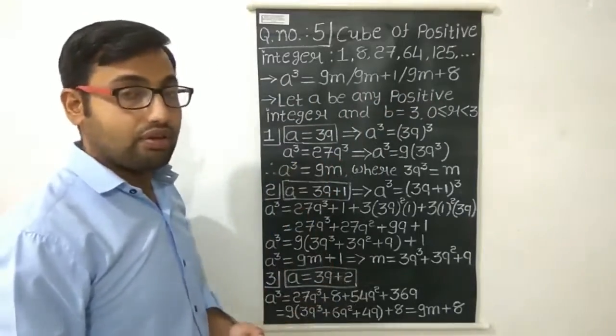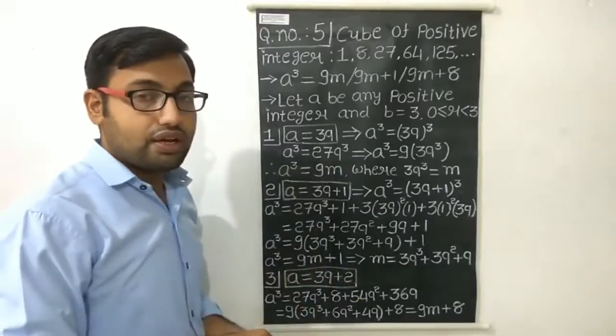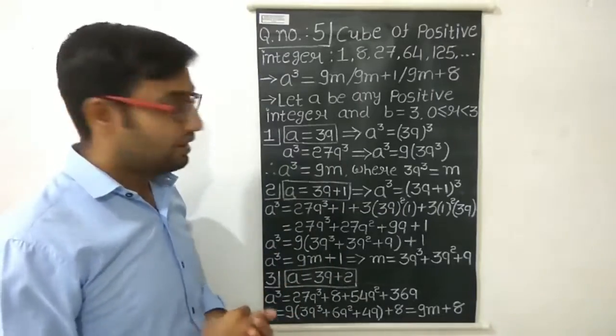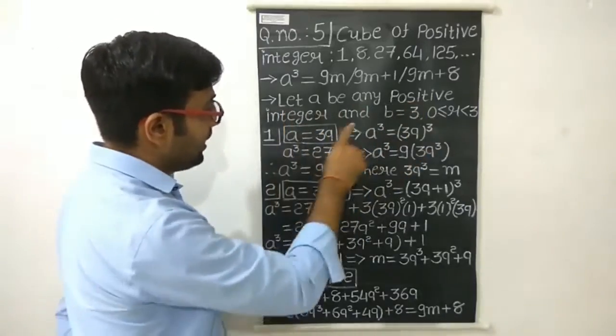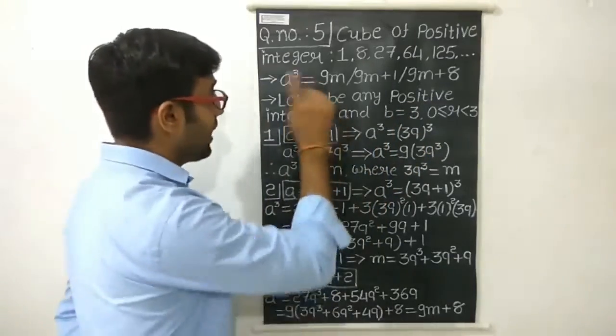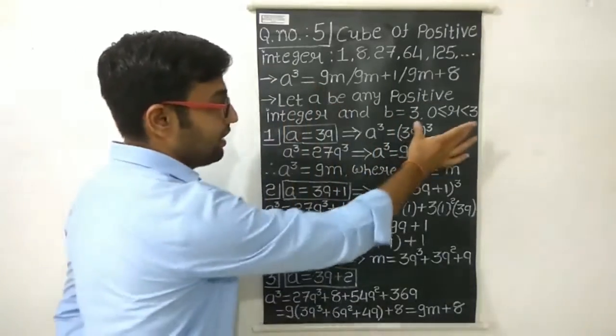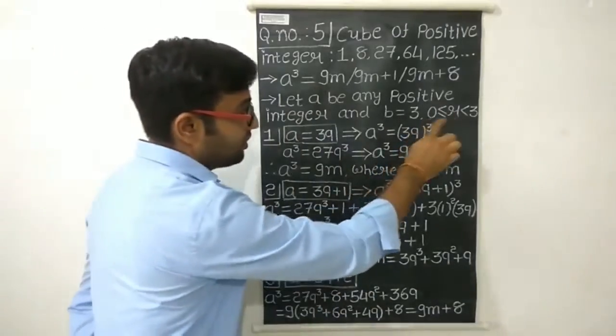Instead of that, we can consider the same value that we have taken in the previous sum. That means let a be any positive integer, and if we take b equal to 3 instead of 9, then what will happen? We must have the value of r between 0 and 3.